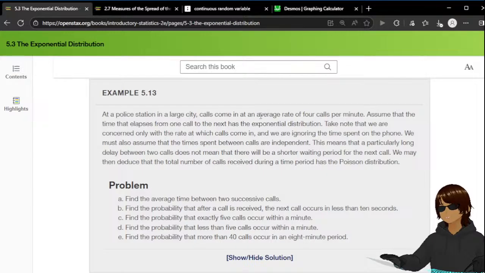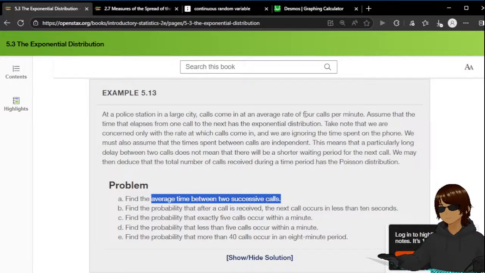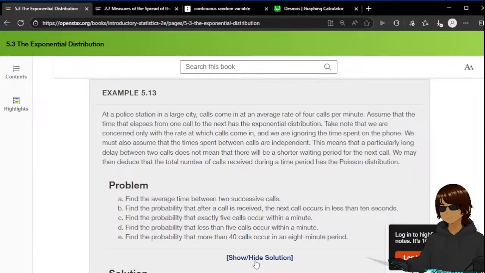Calls come in at an average rate of 4 calls per minute. So I'm guessing the average time is half a minute. So in 1 minute, you expect 4 calls.